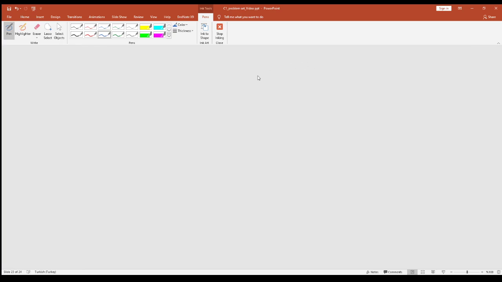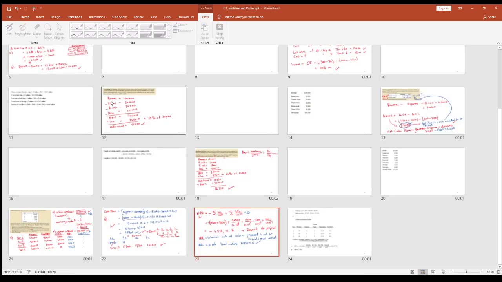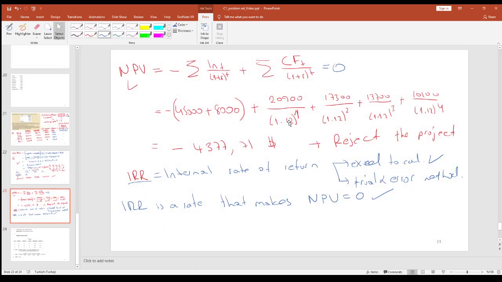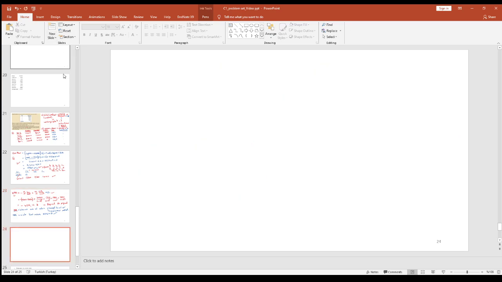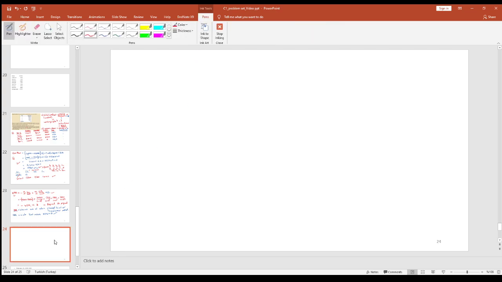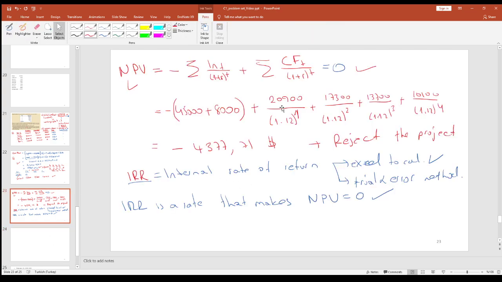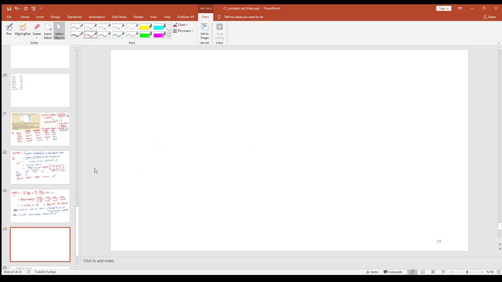If we solve this equation here, let me move on to another slide for you. Okay. Now let me bring this equation here and try to explain how to solve it.